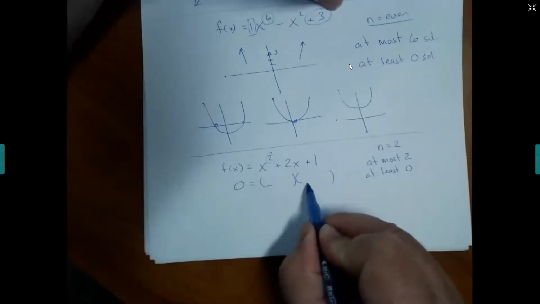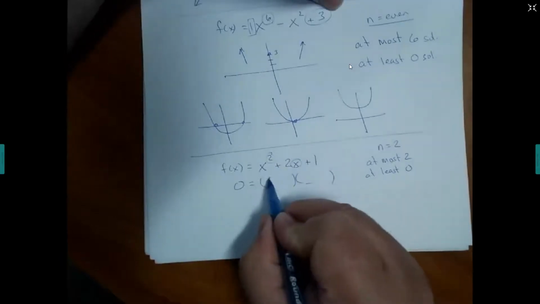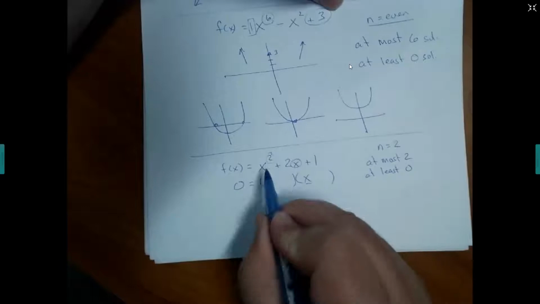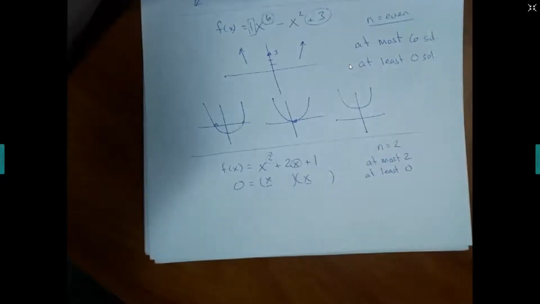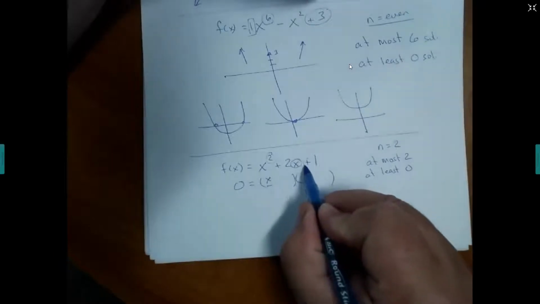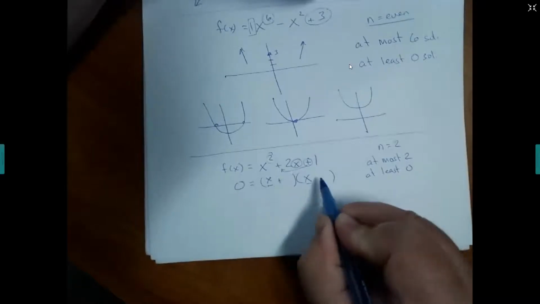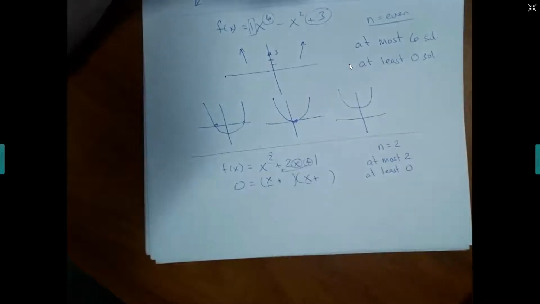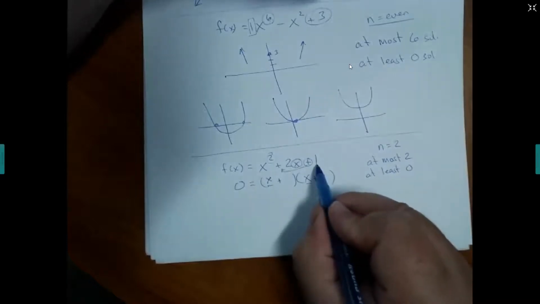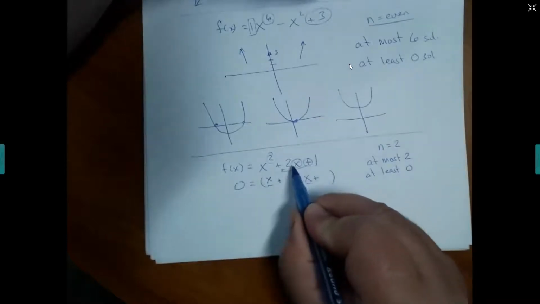Remember, this first term here is x squared, so x and x. What do we know about the signs? Since the second sign's a plus, they're the same. They're both pluses. What times what is 1? When you add them, you get 2.